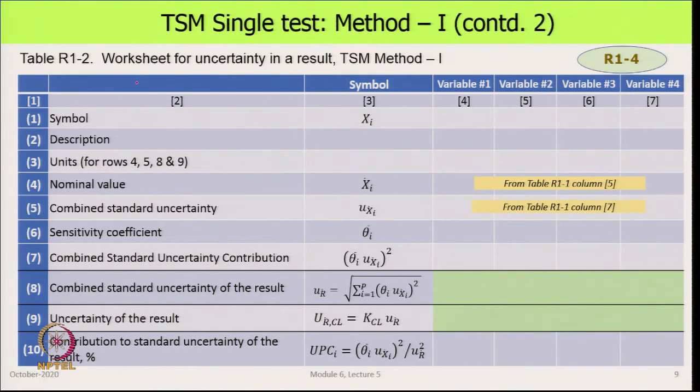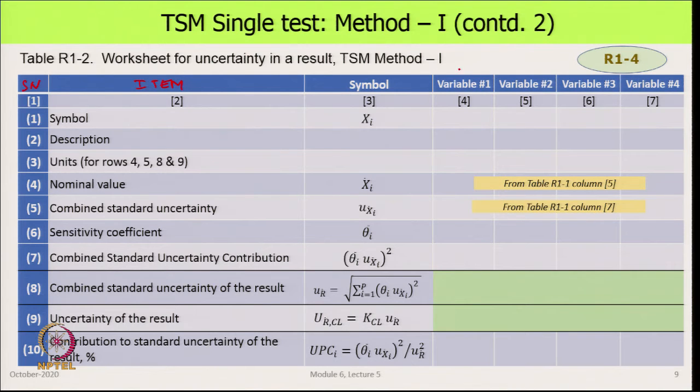We write here what item it is. This is serial number, then symbol, variable 1, variable 2, variable number 3, variable number 4, and this corresponds to the step R 1-4. So, we fill column wise for each variable.